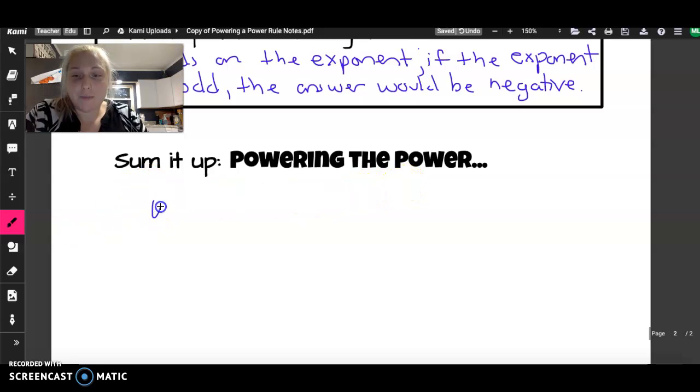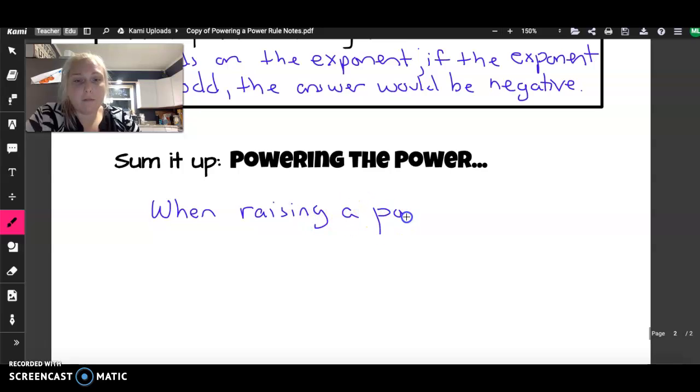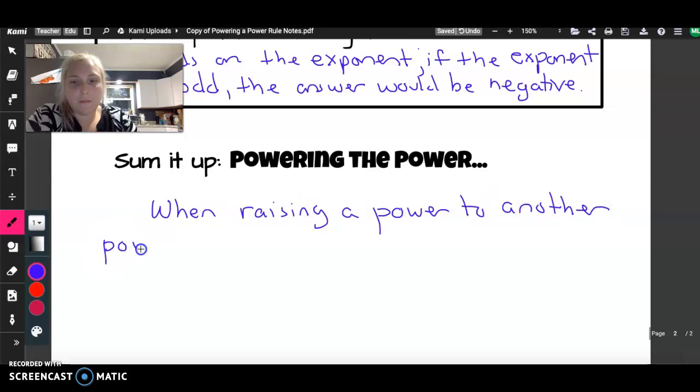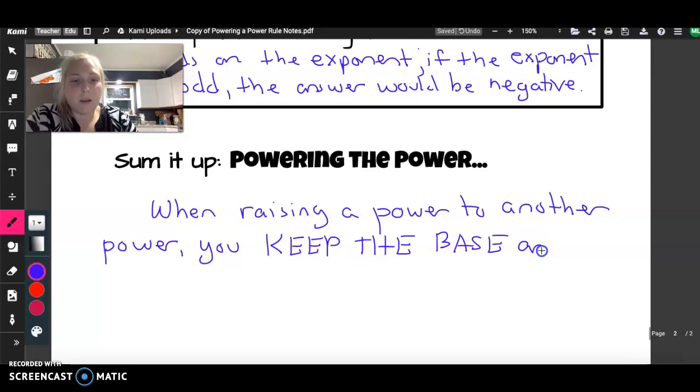Our rule says when raising a power to another power, you keep the base just like all the other rules and multiply the exponents.